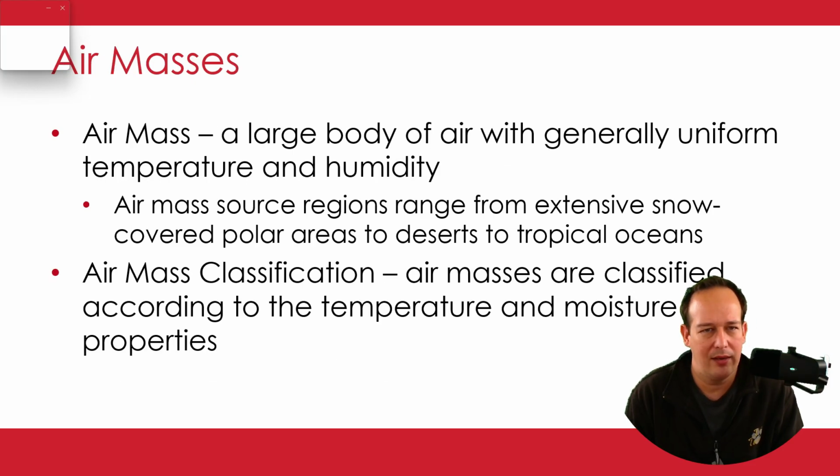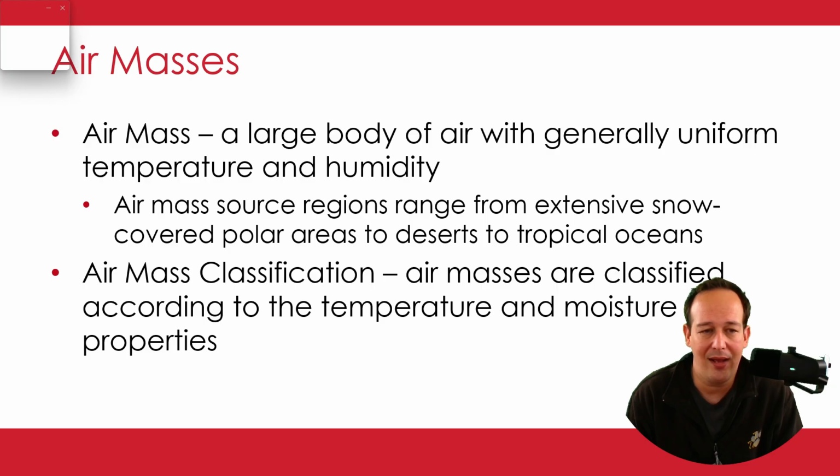So an air mass is a large body of air with generally uniform temperature and humidity. They do move, and the air mass source regions range from extensive snow-covered polar areas to deserts to tropical oceans.